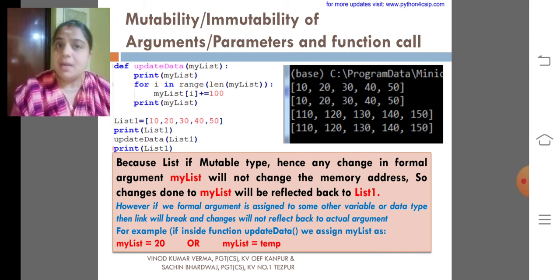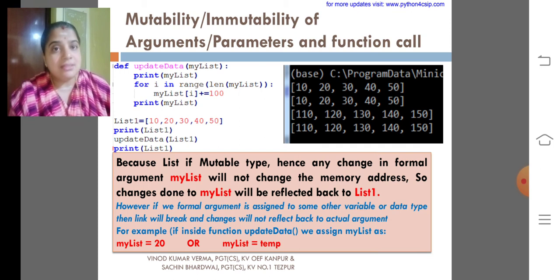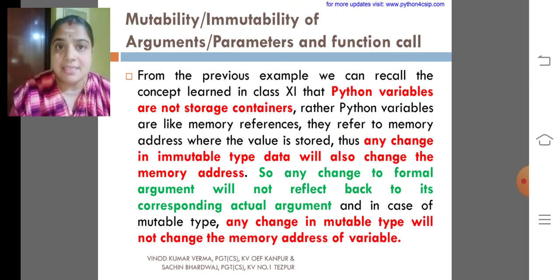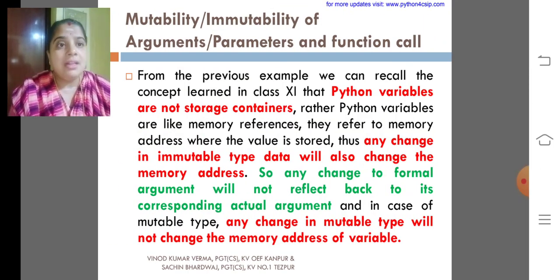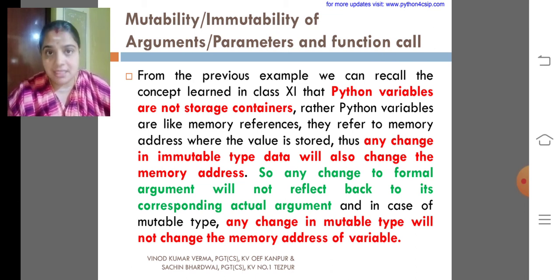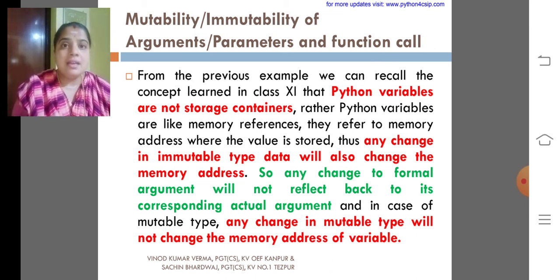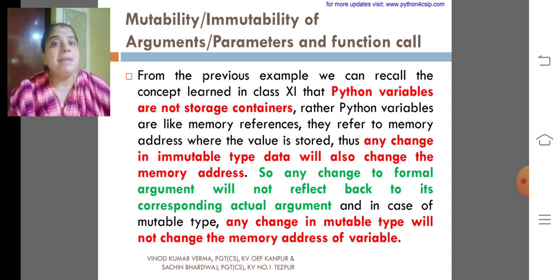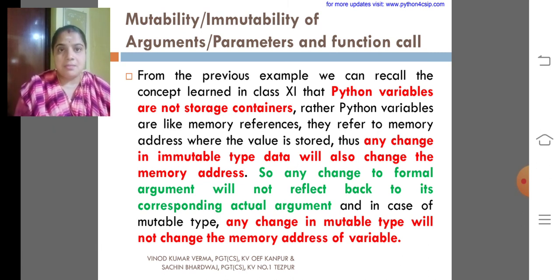Dear children, once again I am repeating the same point which we discussed in the previous module: Python variables are not storage containers. Instead, they point or refer to the memory address only. Any change in an immutable type of data will also change the memory address.